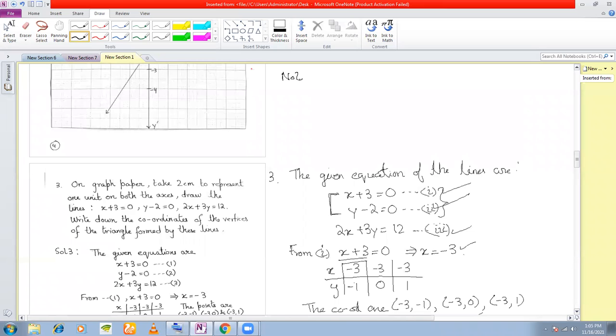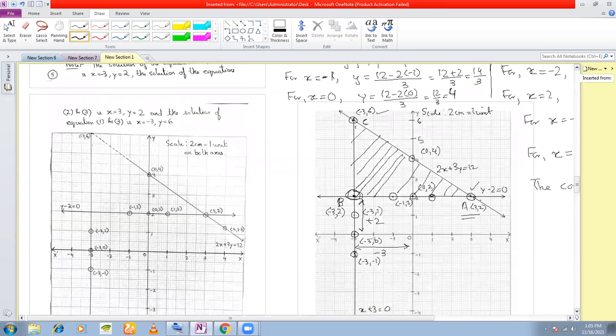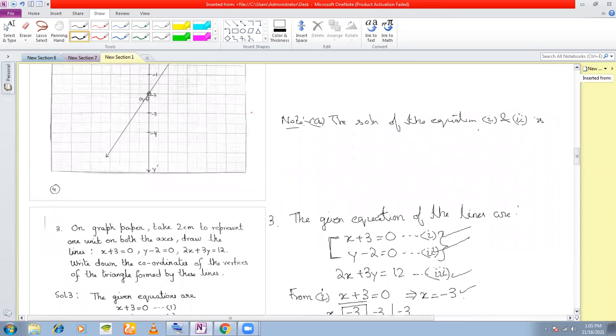Note number A: the solution of the equations 1 and 2 is the point of intersection. B, right? Coordinates of B is -3, 2. So x is equal to -3 and y is equal to 2. All agree with this?